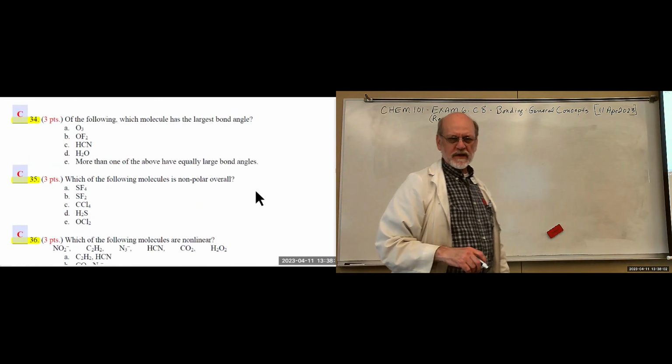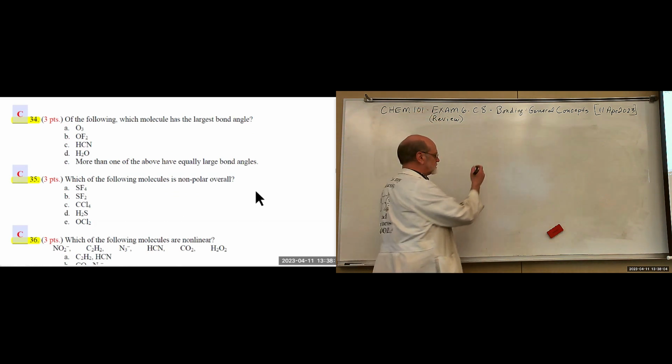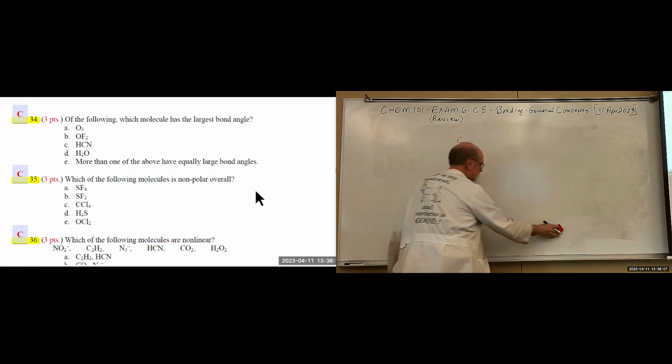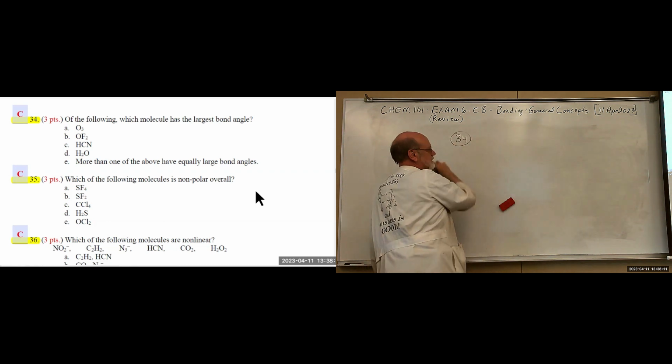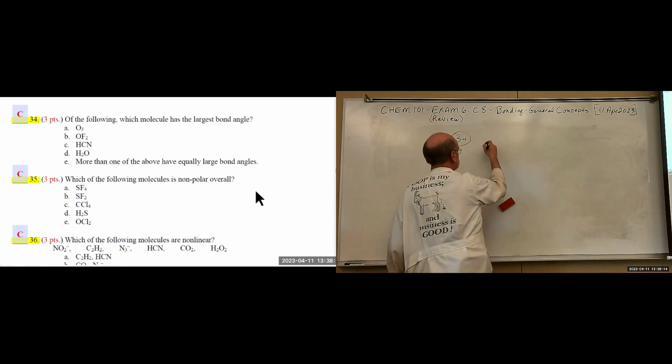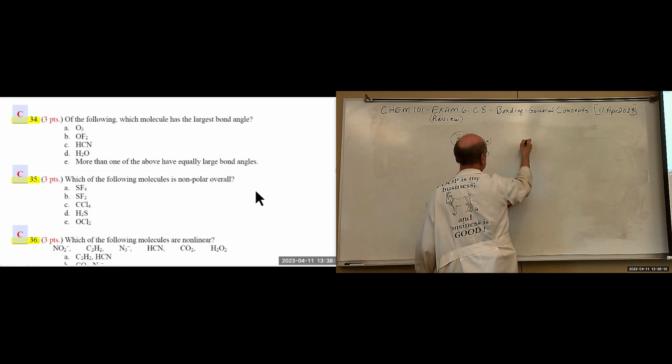Of the following, which molecule has the largest bond angle? 34. All right, ozone.